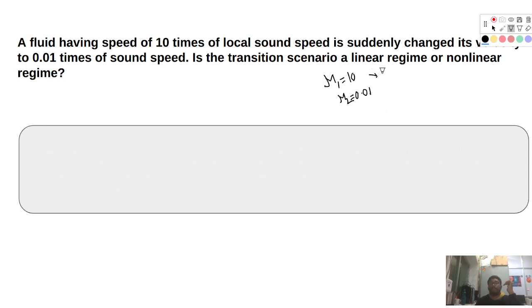What that means is initially you have a supersonic flow and then you have a subsonic flow. So it is changing from supersonic to subsonic. Some transition is there.